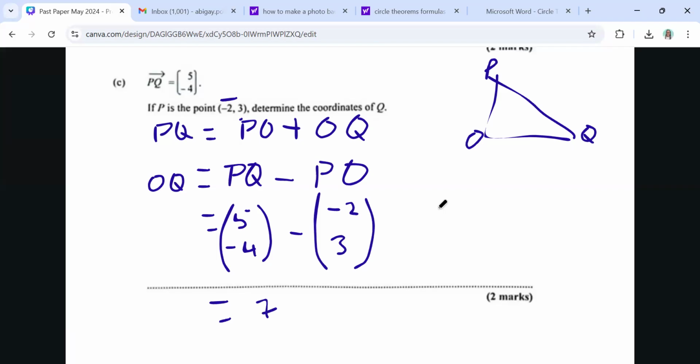And negative 4 minus 3 is what? Negative 7. Right? Yeah, so negative 7. So that is our answer. So 7, negative 7.